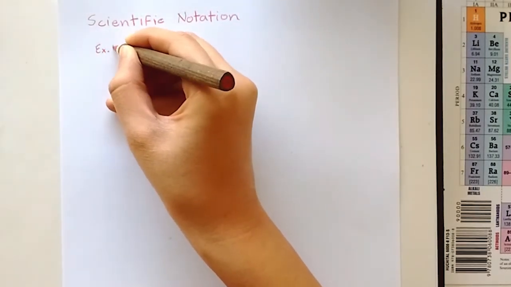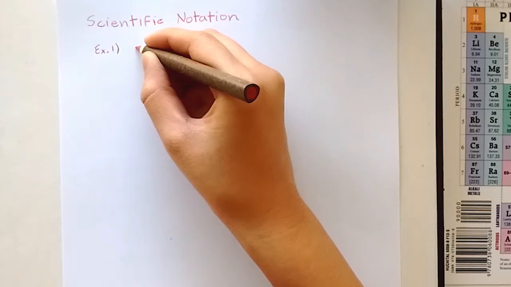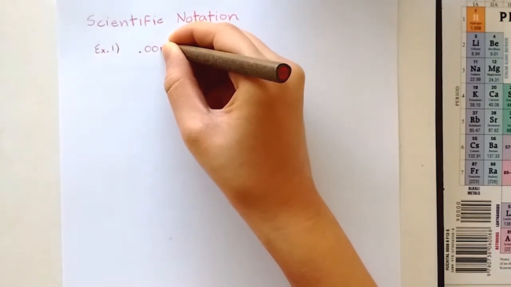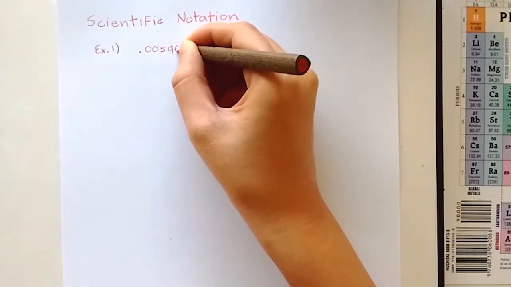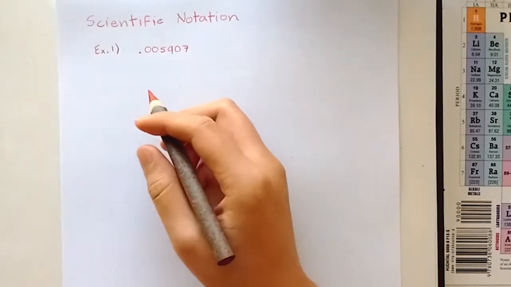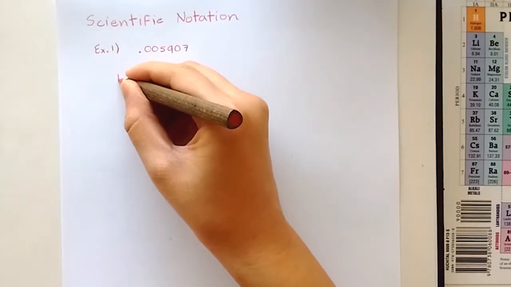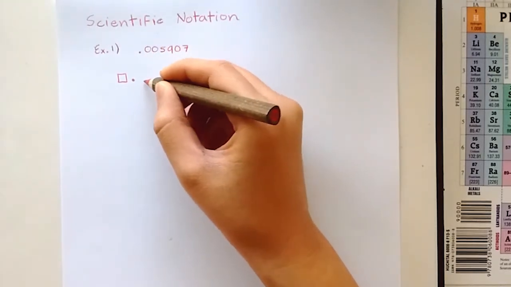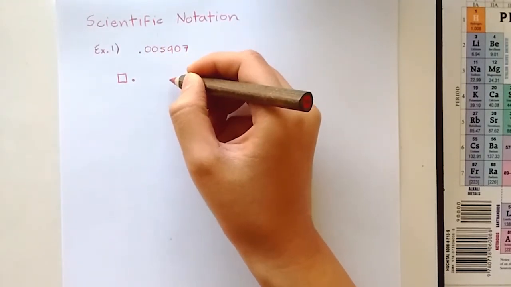So example 1: write this value in scientific notation. One thing we have to know is that we're going to have some number, a decimal point, some numbers after the decimal point.